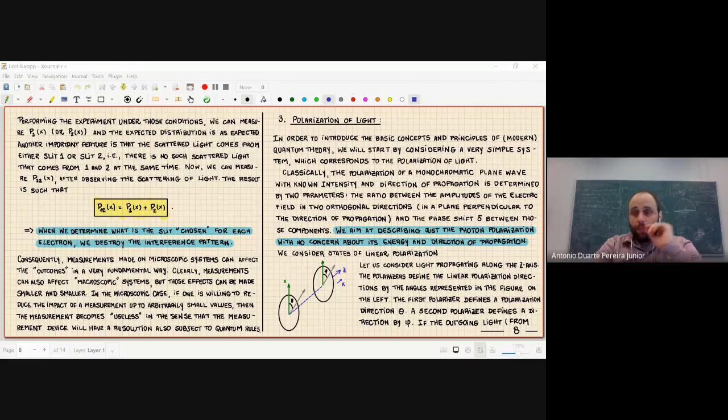But we saw that classical particles and classical waves behave very differently when they are directed to a screen with two slits.